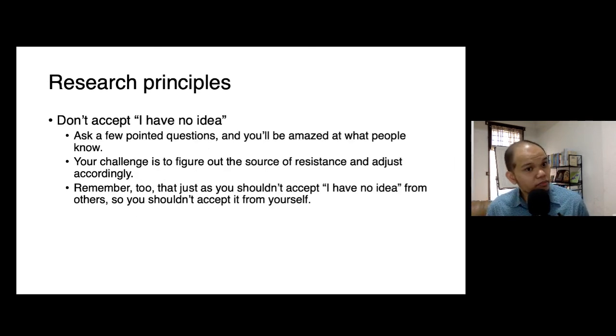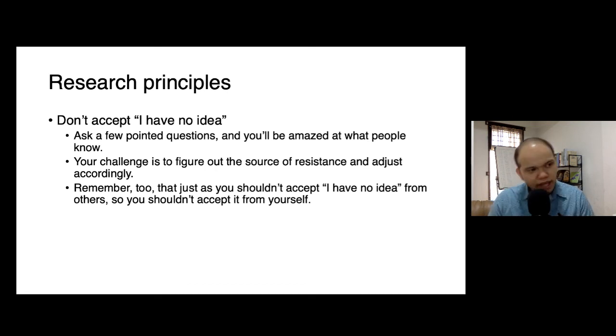Now, the second principle here is, don't accept "I have no idea." Don't accept that, okay, with a sub question or a sub issue that you want to resolve, where the thing that you've come up with is, well, I don't know, I have no idea. Well, in the course of your data gathering, you'll have to ask a few pointed questions.